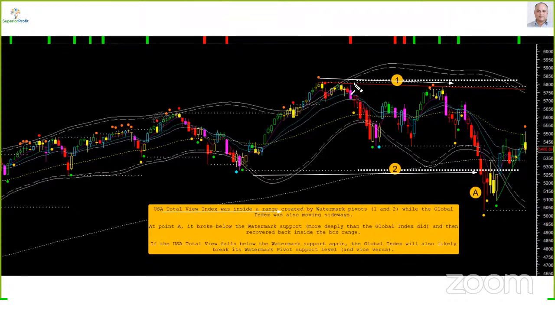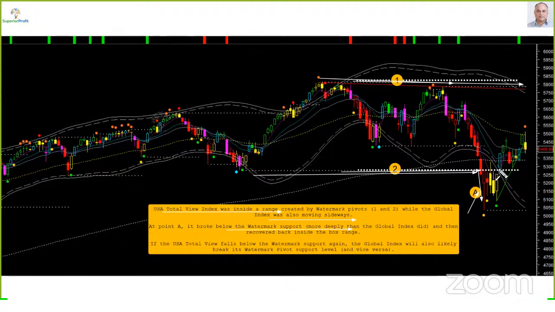It also created the same box pattern when the global index was moving sideways. At point A here, it broke below the watermark support, and the global index also broke, but the USA market here broke more deeply, but the global index did not break so deeply. So one was going to follow the other.